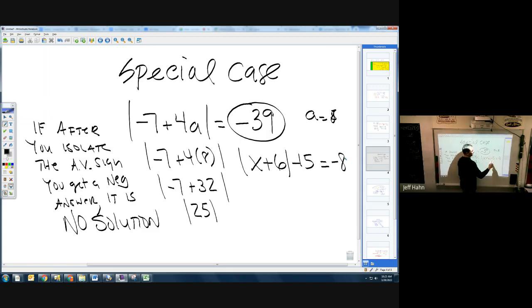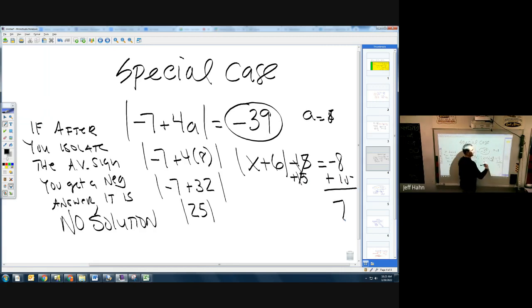When I isolate it, I'm going to add 15 to both sides. It'll end up being a positive now, and you can do this problem. But after you had isolated, if I ended up with the absolute value of x plus 6 equals a negative 7, then I can't do it because there's no way an absolute value can ever equal a negative, just the way it is. Make any sense to anybody but me?